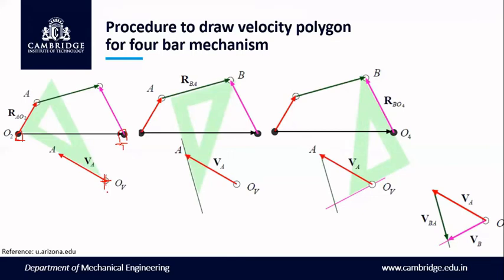Now we need to place the set square in such a way that one of the edges of the set square should coincide with link number 2, and draw a perpendicular line to link number 2 using the set square.